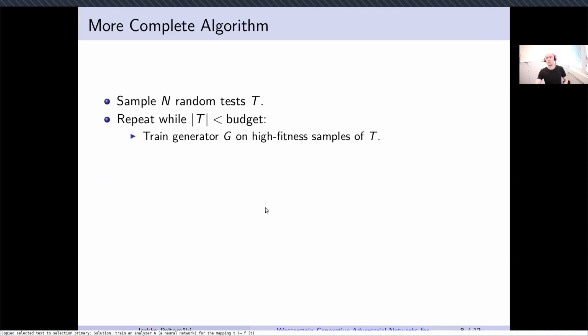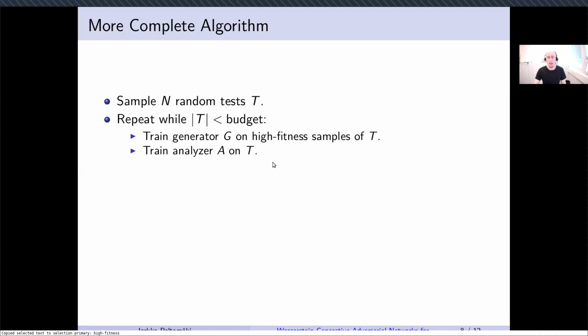Let me describe the algorithm again with some additional details. First we sample a random test suite of n samples. While we still have budget left, we do the following. We first train the generator on high fitness tests from this test suite, whatever high fitness means.